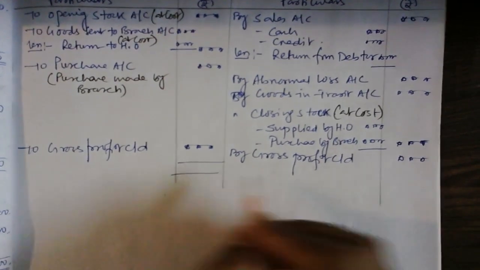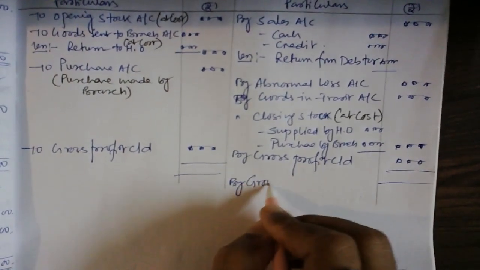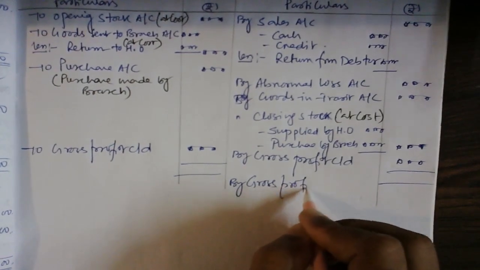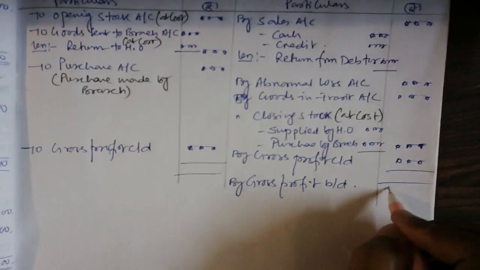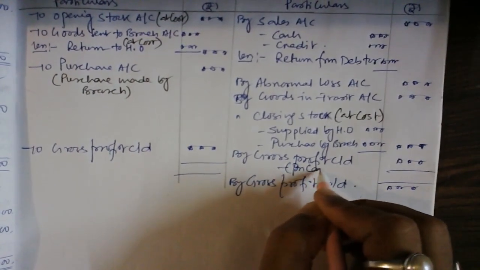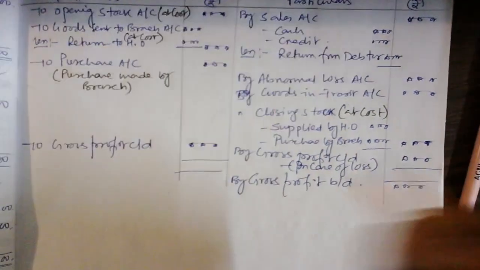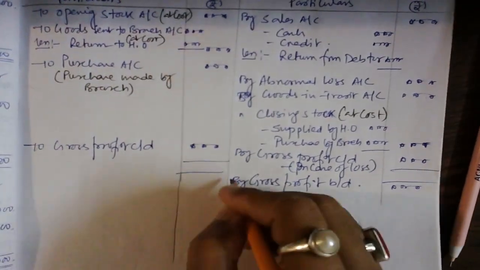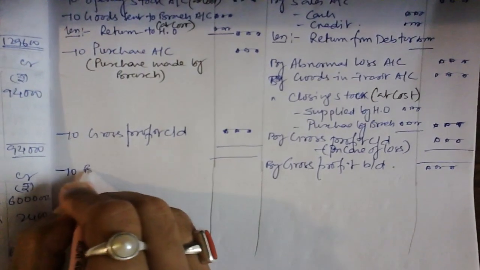Perfect. So you can just transfer this. You can write in case of loss. Now make it a little bit extensible. To branch expenses.